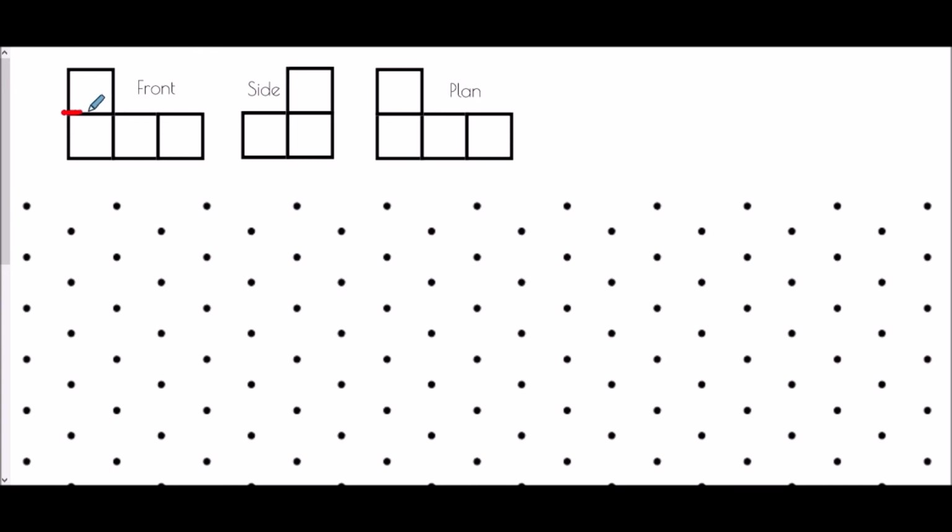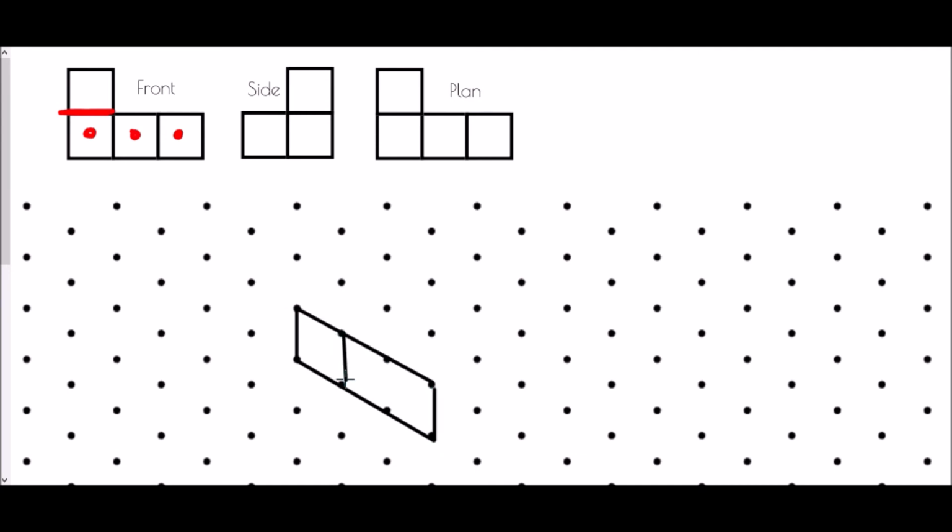So along this line, there is an element of depth that creates the change in the side view. And so the first thing I'm going to do is draw in the cubes that would be represented here. So that would be 3 cubes in a line. 1, 2, 3.